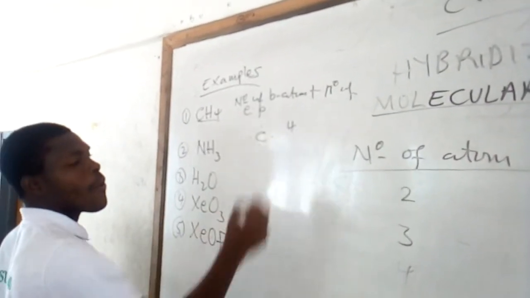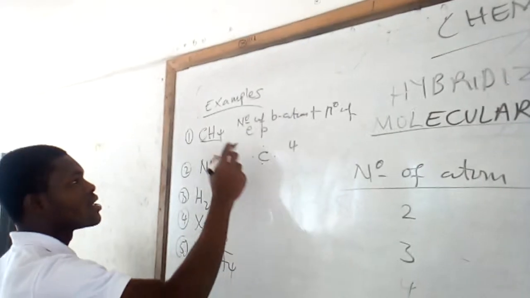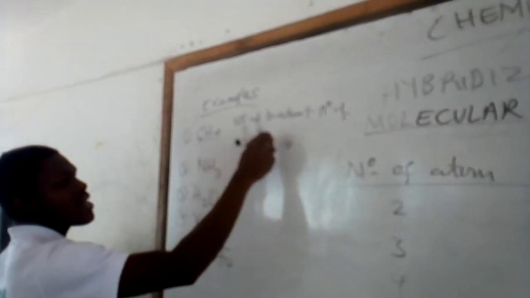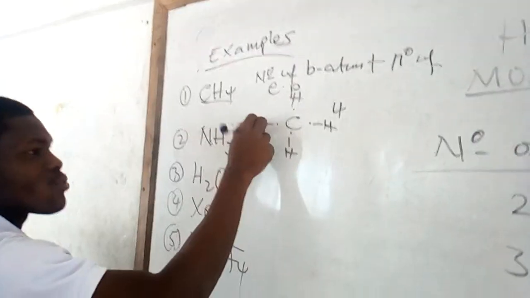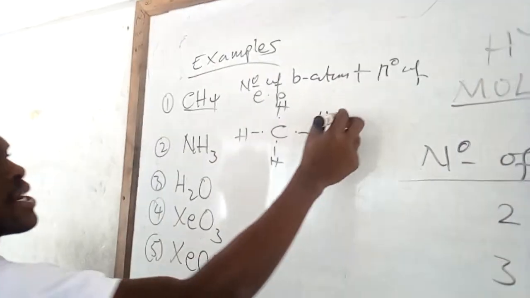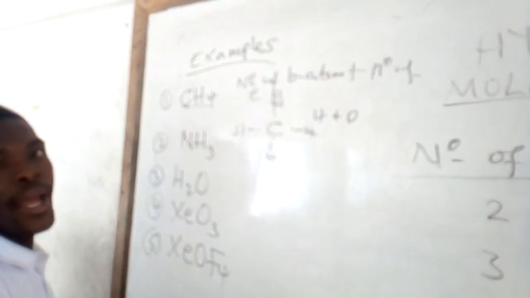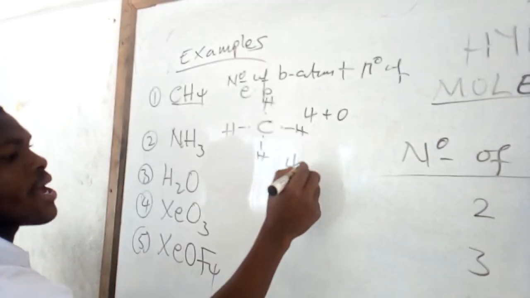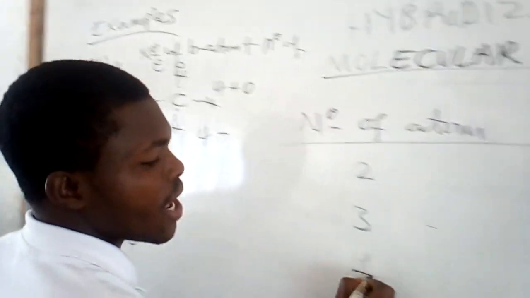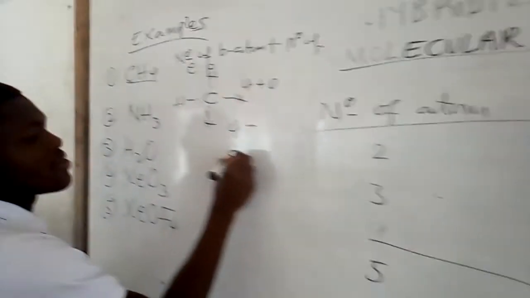It has shared a bond with this hydrogen, this hydrogen, this hydrogen, and this one too. So it is left with 0 lone pairs. Hence, 4 plus 0 is what? 4. Hence, it undergoes sp3 hybridization.